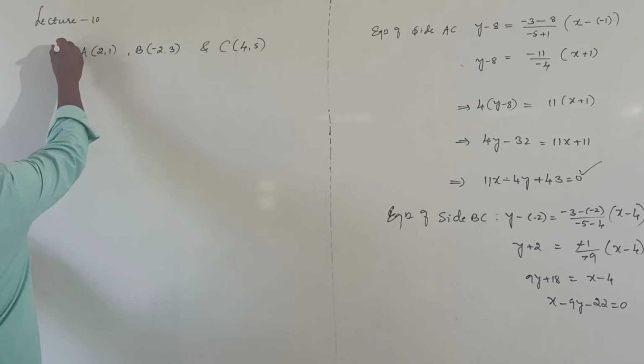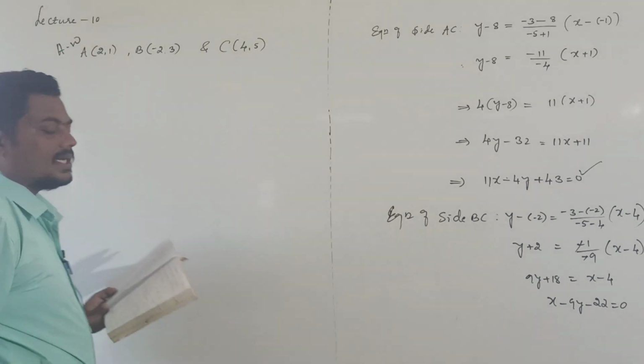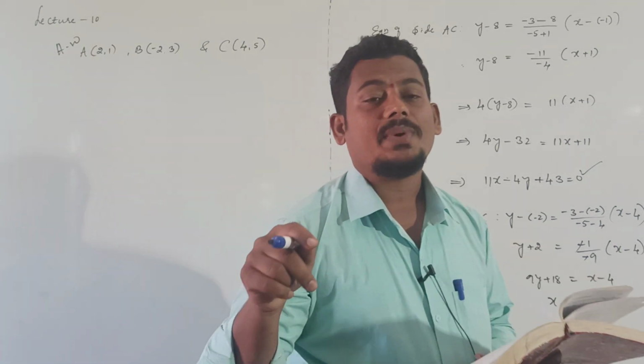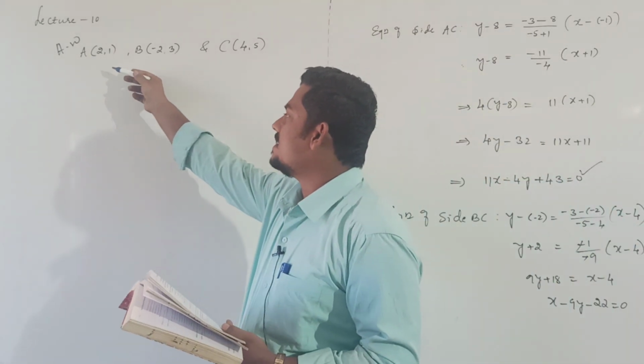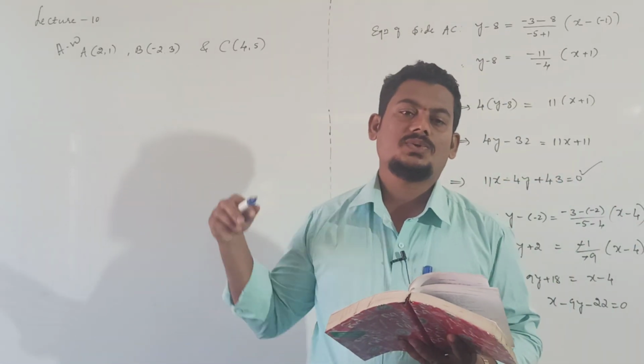Do it as homework, right? Find the equations of sides of a triangle whose vertices are A, B, C. Do this one.